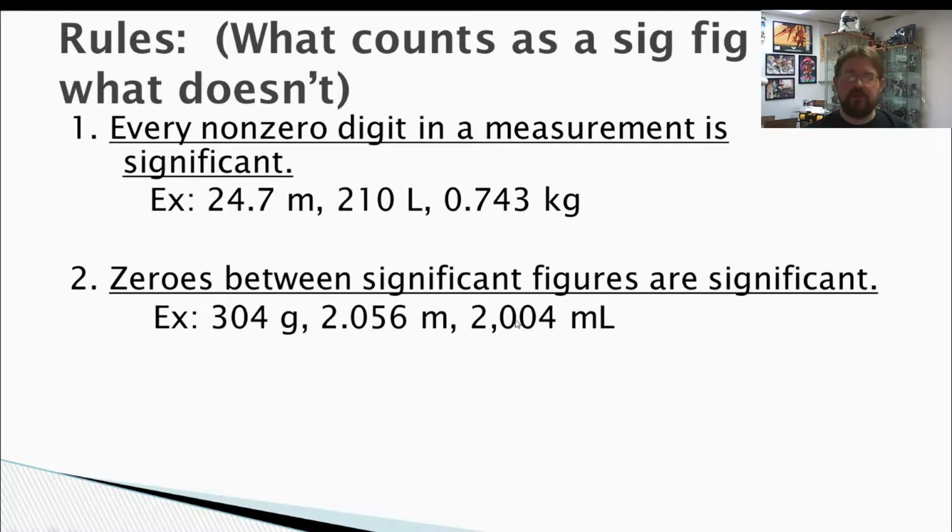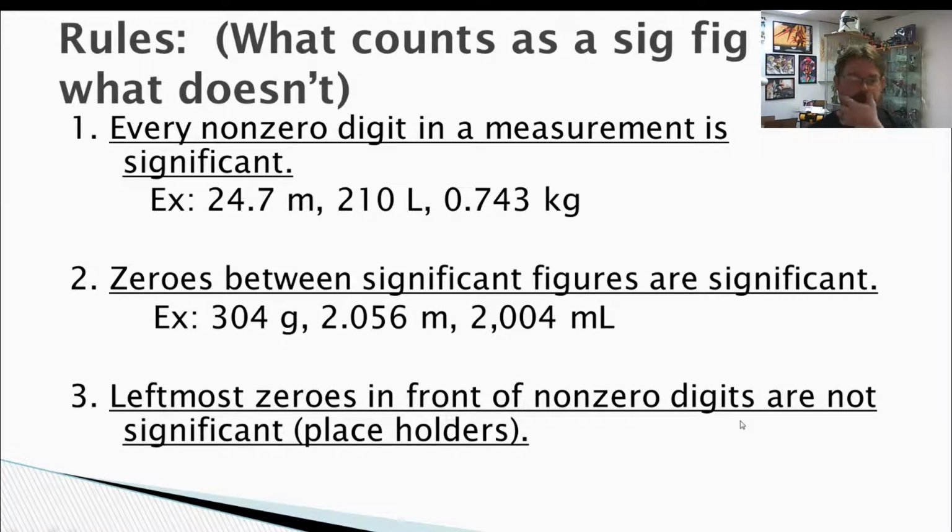These zeros are in between the 2 and the 4. Keep in mind, it's not what they're directly in between. It's just asking, is there a sig fig somewhere to the left, and is there a sig fig somewhere to the right? If there is, then any 0 between counts. While the 2 and the 4 count because they're not zeros, these 2 zeros also count because they're between 2 sig figs. So all 4 of those digits are significant.